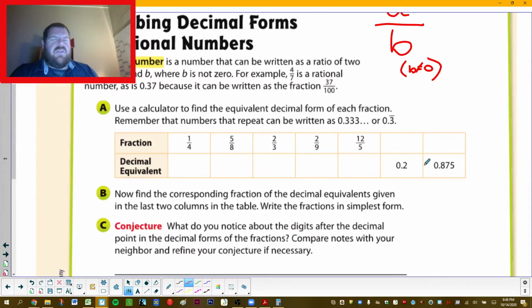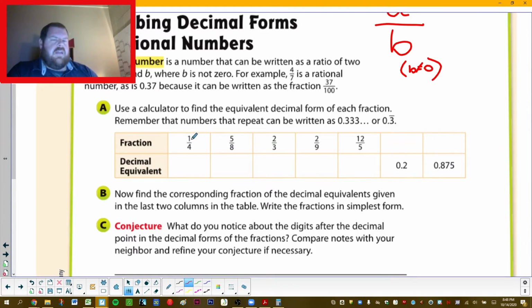Okay. Here they want you to use a calculator. I encourage you, pause the video, turn these into decimals, and try to turn the decimals into fractions.